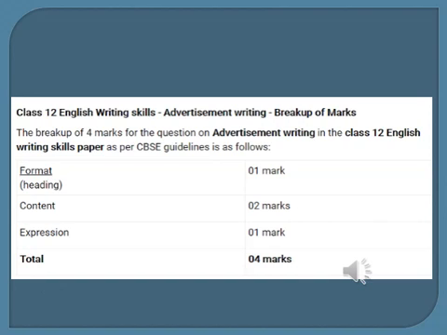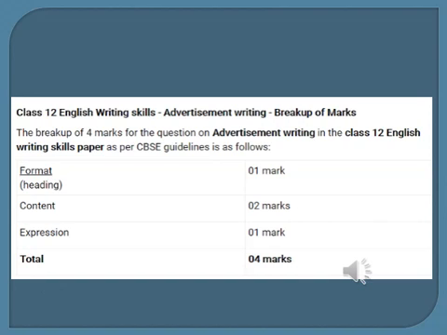And then expression and grammatical accuracy, how you use the language. In the case of a classified advertisement, formal language is required. But if it's a commercial advertisement, you have to use flowery, figurative language and make use of your creativity. Creative expressions are very, very important in a commercial advertisement, which is just like poster writing.